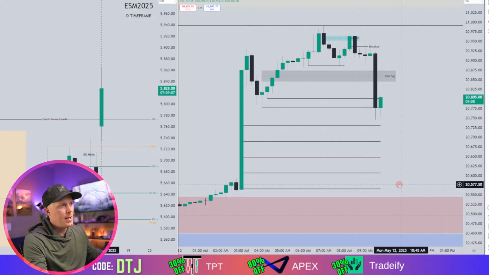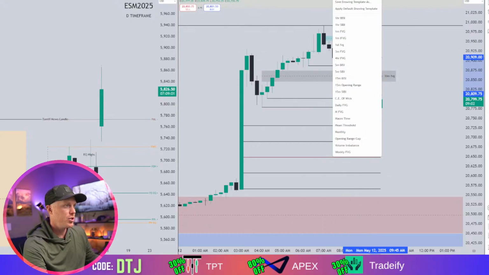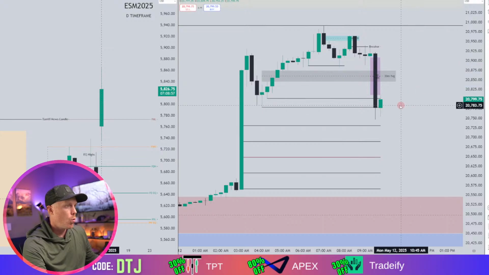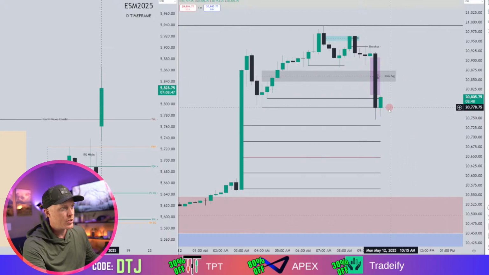So in 10 minutes, we're going to get a 15-minute fair value gap somewhere like this, okay? Let's just assume this is the 15-minute fair value gap. The 4 hour model waits for the 4 hour candle to close, which is in 9 minutes, and then you go short when you come up into the 15-minute fair value gap.